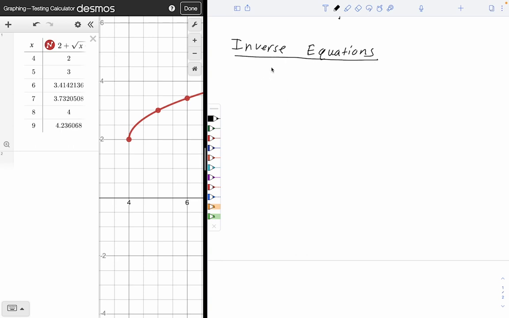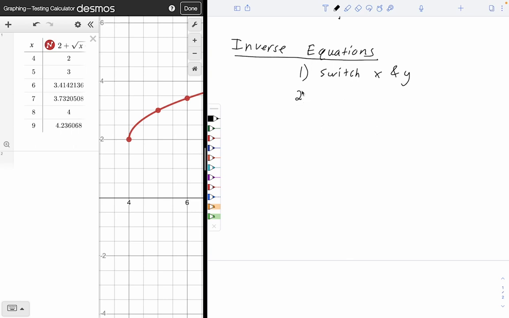All right, so first the steps. The steps to make inverse equations. Step 1 is you're going to switch x and y. What I mean by this is the letters x and y will literally switch places. We'll see in a minute.